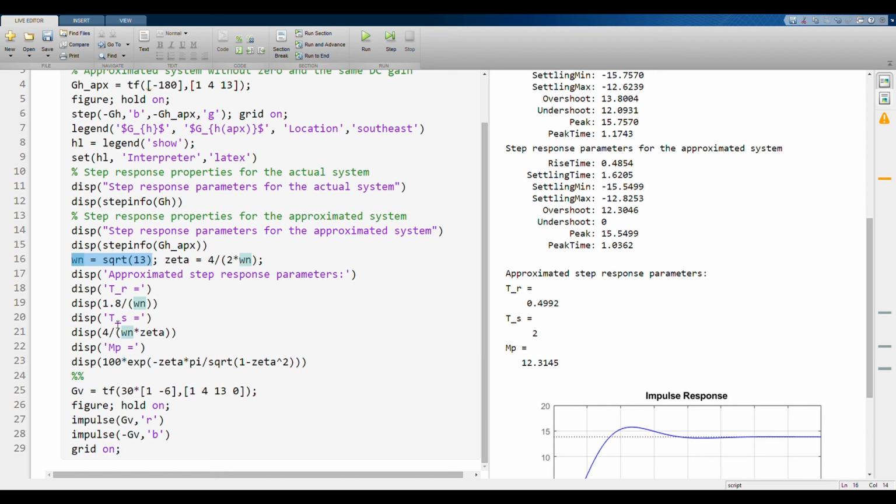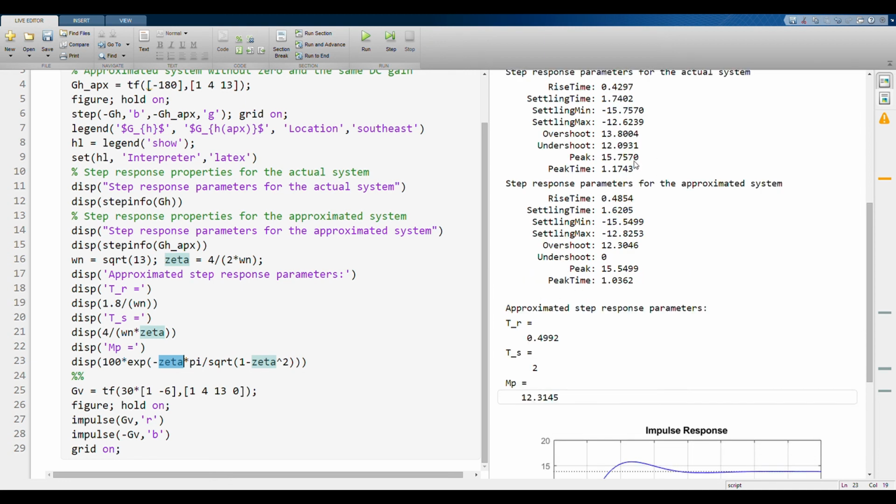For the settling time, we have 4 over zeta omega n. And for MP, we have the relation with the zeta only, okay? So omega n is not here. And then you can see the approximated values over here. The rise time is equal to 0.4992, which is somehow close to the approximated system rather than the actual system, and that should make sense.